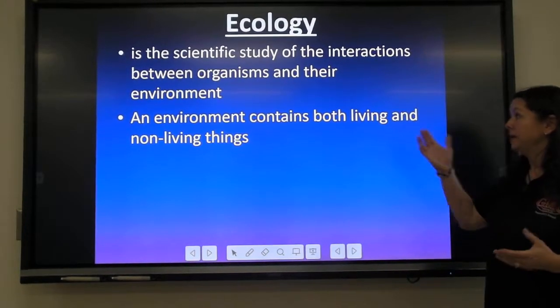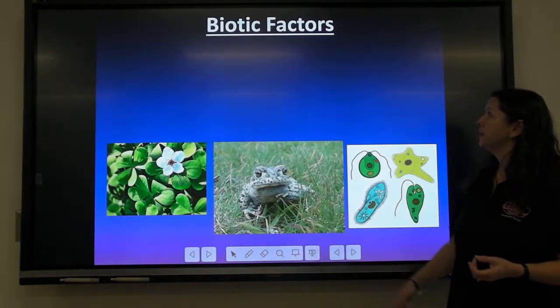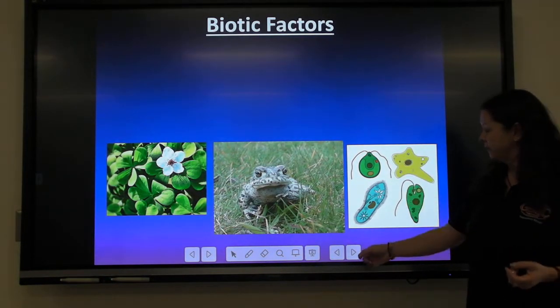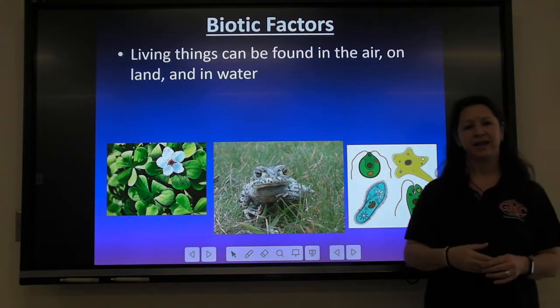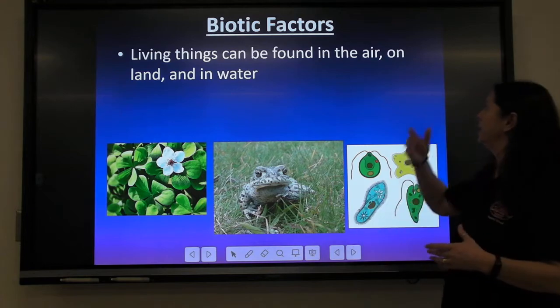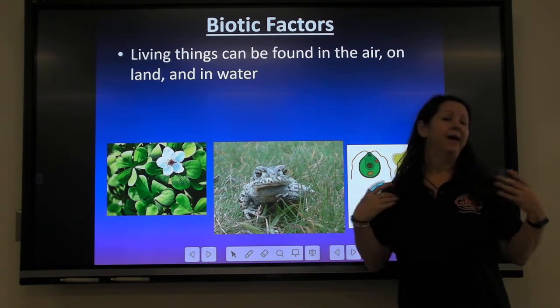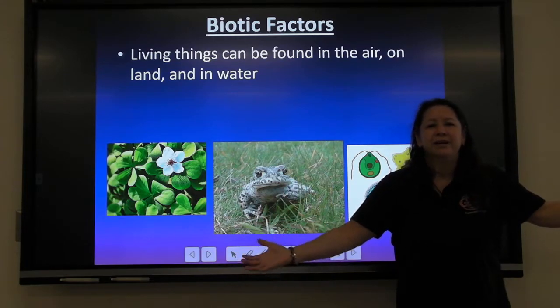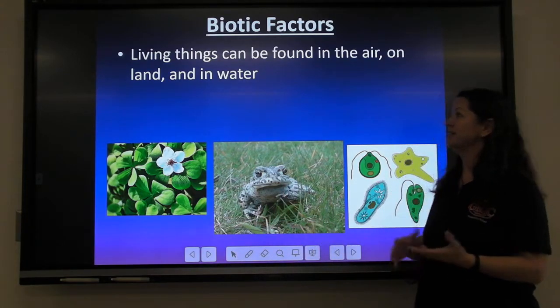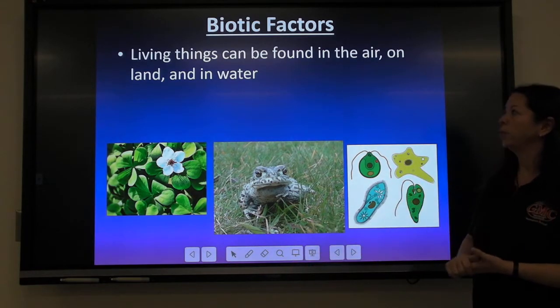So an environment contains both living and non-living things. Okay, biotic factors are the living things. Now, living things can be found everywhere. In the air around us, right now, as I'm breathing in bacteria. It's just all around us. That's a living thing. On land, of course, and of course in the water.